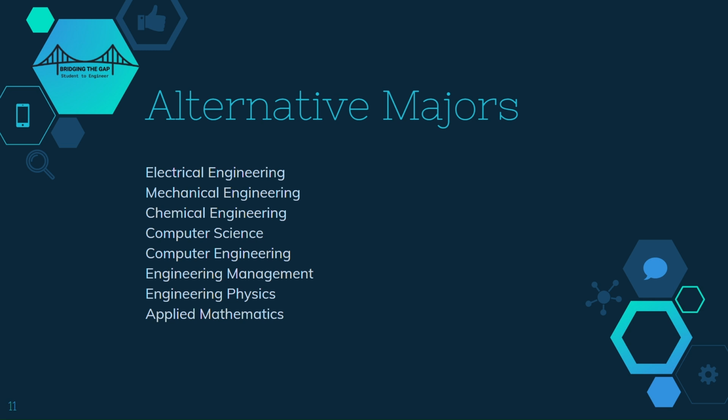So this is just some options that will allow you to get into the industry without being the person who is the expert on nuclear itself. So electrical, mechanical, chemical, computer engineering, management, engineering physics, all of these majors are things that could get you into that industry and could get you working with nuclear engineers.